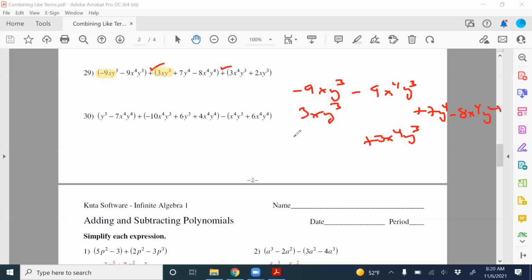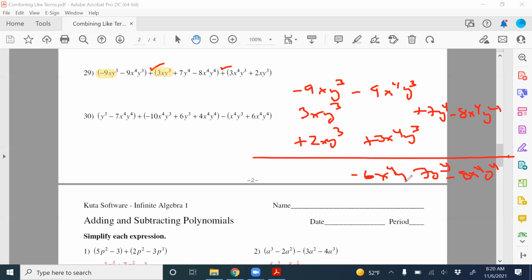2xy cubed, that is just like the xy cubeds in the other 2 groups. And then, of course, anything that doesn't combine, you just leave as is. Then we have negative 9x^4y^3 with positive 3x^4y^3. That's minus 6x^4y^3. We have negative 9, 3, and 2. Negative 9 and 3 is negative 6.